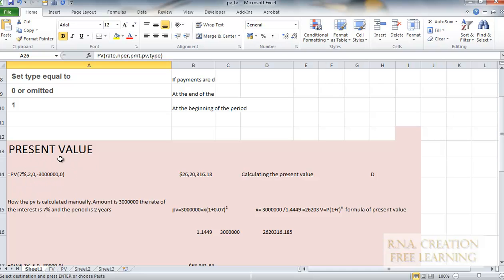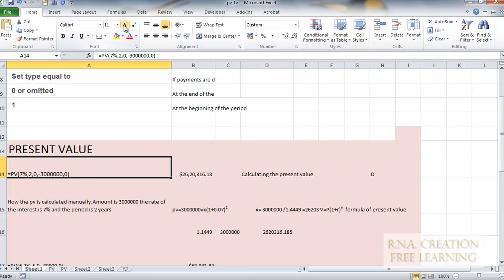I want to find out what the present value would be if I wanted this amount of $300,000 at the rate the bank is giving me, 7% interest, for 2 years. So what should I deposit in the bank today that I would get $300,000 after 2 years at the rate of 7%? That is the amount that has to be deposited. That is what the present value would do for you.